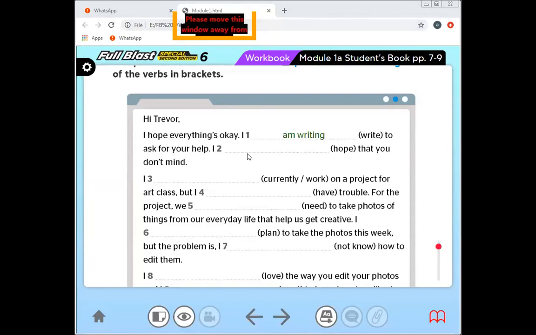I hope. We are still in the present simple. I hope. Perfect. Well done. Number 3. I currently work on a project. Currently. It means continuous, of course, or progressive form. Who knows the answer? Nihal? Yes, Nihal. What's your answer?